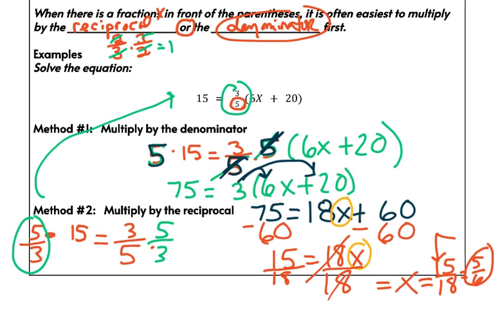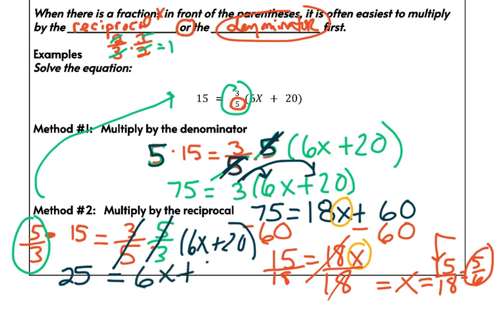And then I still have that 6x plus 20 in the parentheses. Now this whole fraction is gone. And I end up with 5/3 times 15, which is going to give me 25. And that equals 6x plus 20.